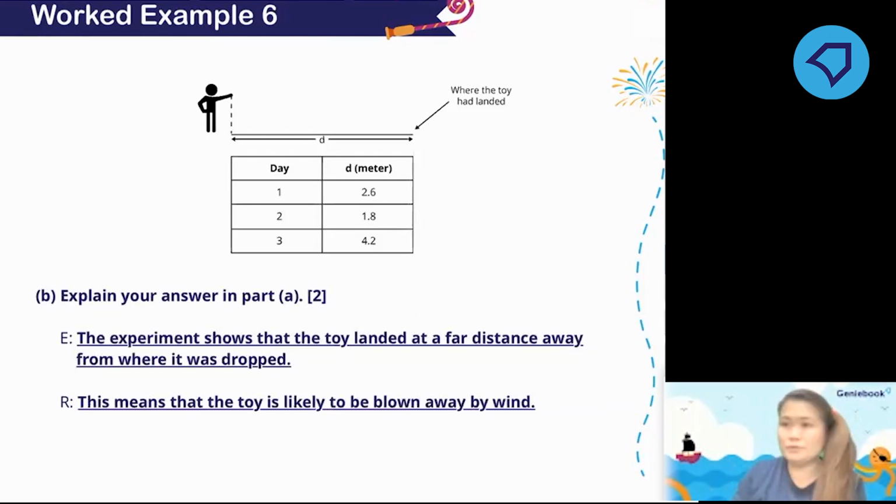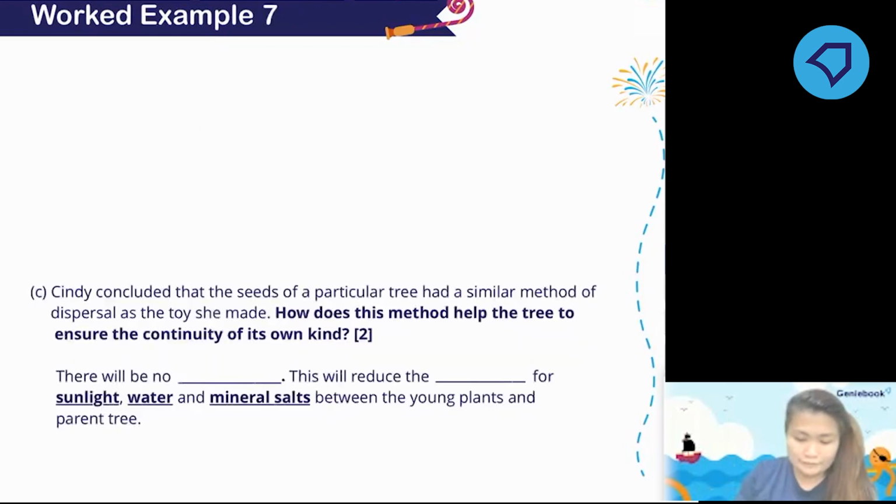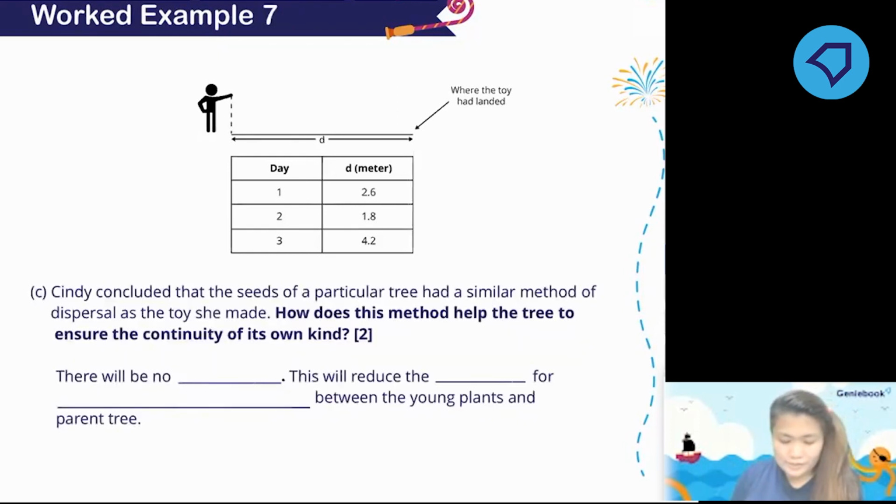Okay, so let's move on to example 7. Cindy concluded a few things. She concluded that the seeds of this particular tree have a similar seed dispersal method to what she did earlier.